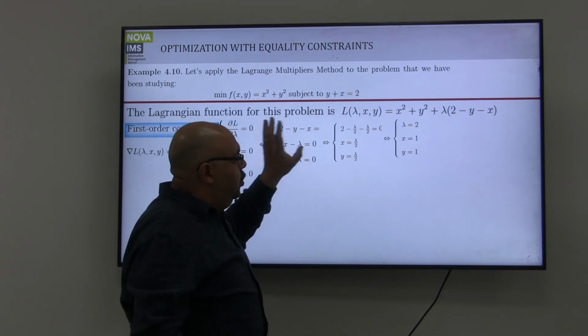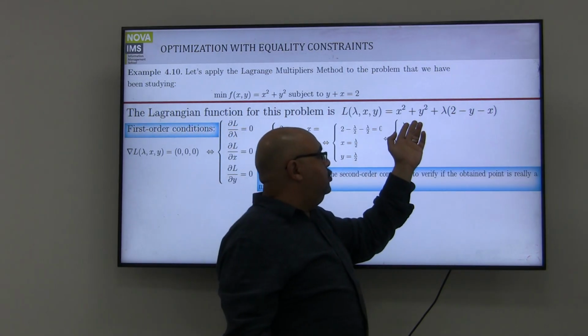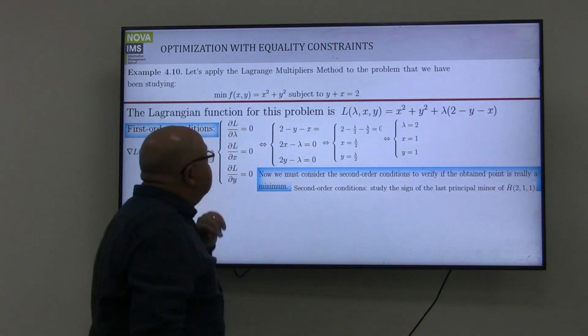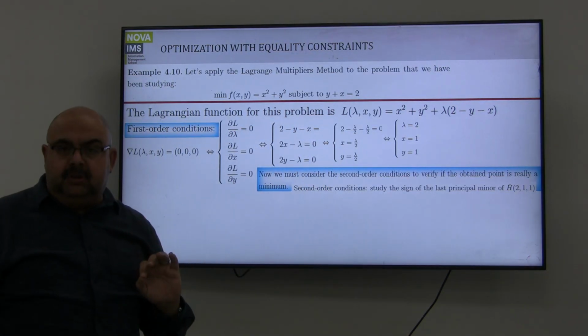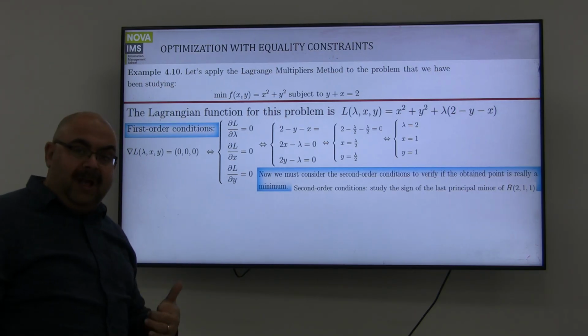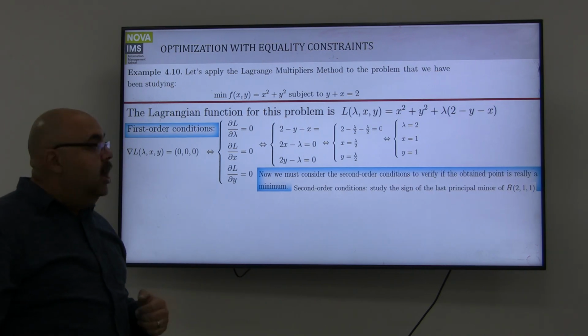So the solution, or the critical stationary point, will happen at lambda equal to 2, and both x and y are equal to 1. And that's the third method that we used on the same problem. The substitution did well, the graphical did well, and now also the Lagrangian.